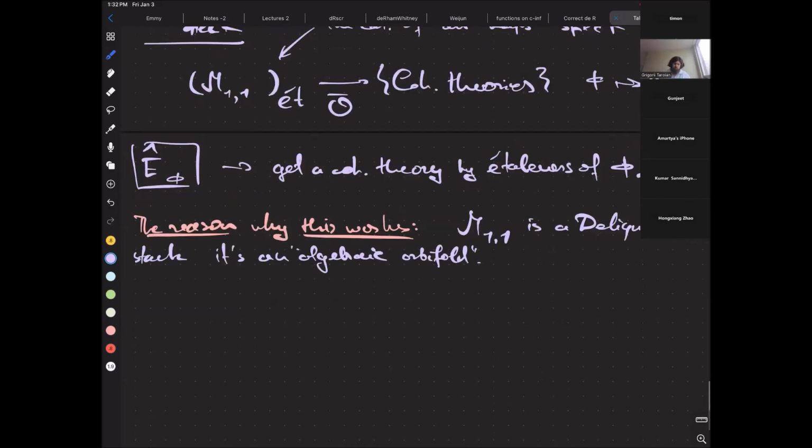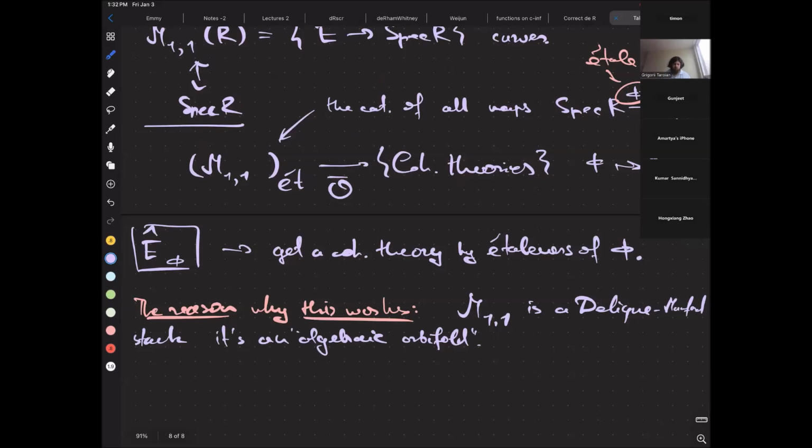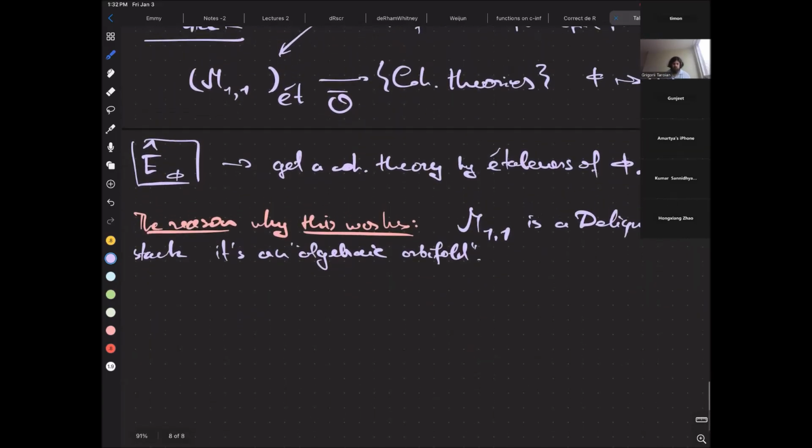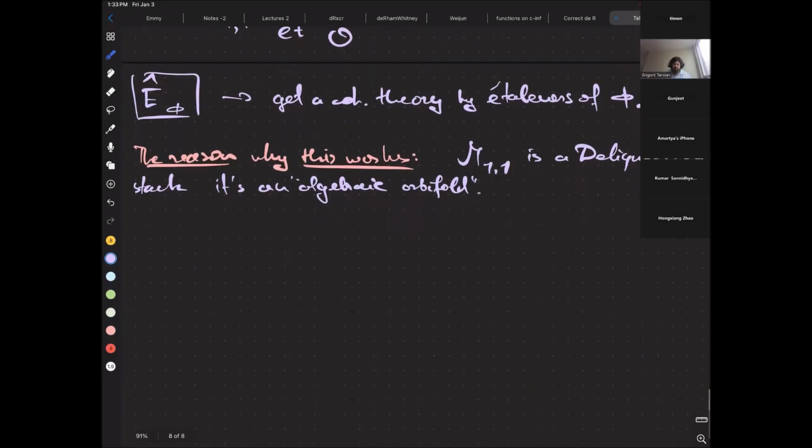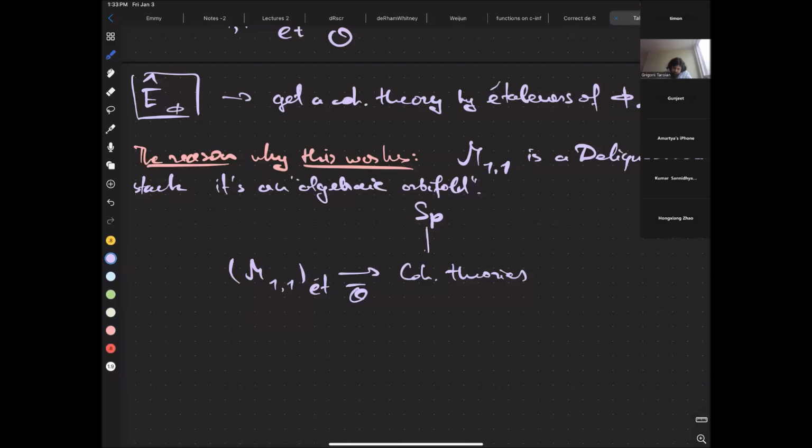So now, after we constructed this functor into cohomology theories, of course, it's natural to ask, can we get something better? Because this whole notion of a cohomology theory is somewhat strange and artificial. So the question now is, can we, instead of considering a functor into cohomology theories, consider a functor into spectra?